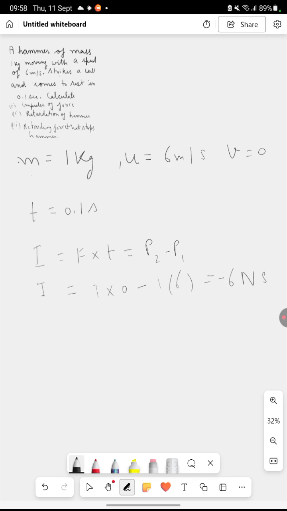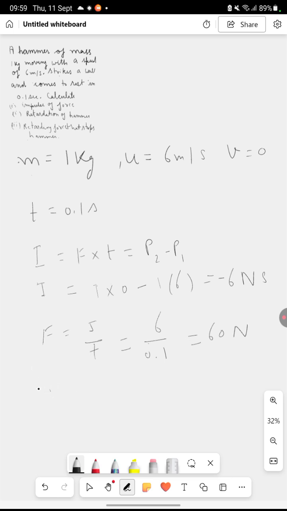Now the retarding force that stops the hammer. We know impulse is equal to force into time, so force is equal to impulse upon time. We have found impulse is 6 and the time given is 0.1 second. So force is equal to 60 Newton. Now we will find the retardation of the hammer.